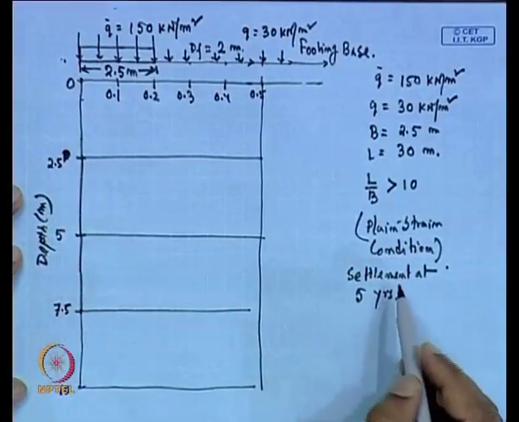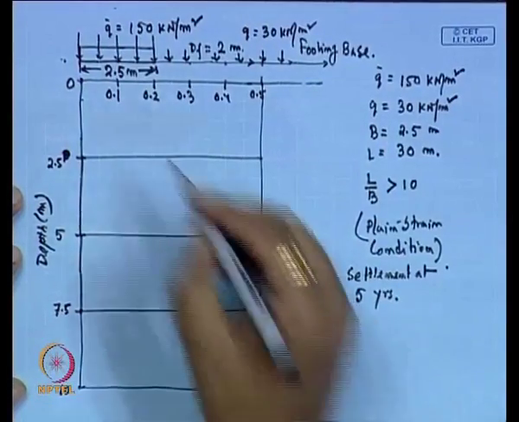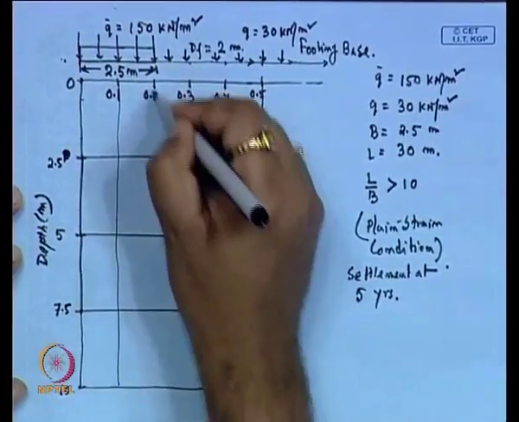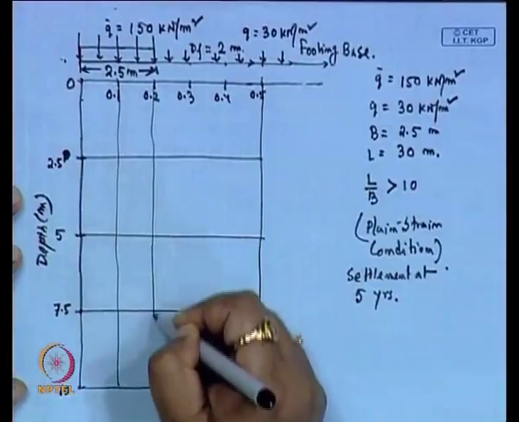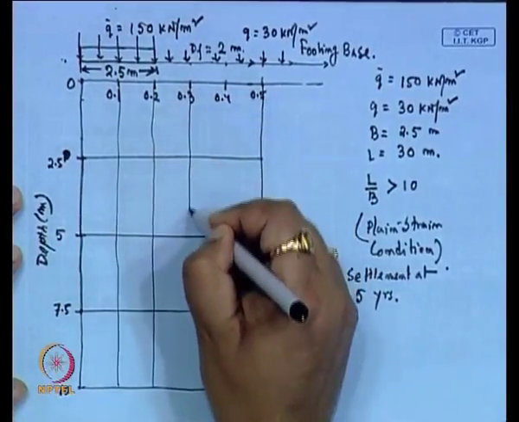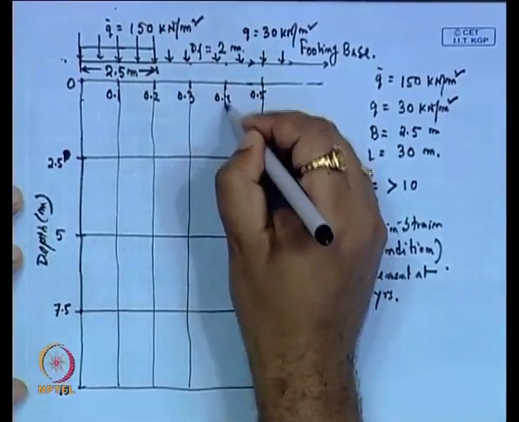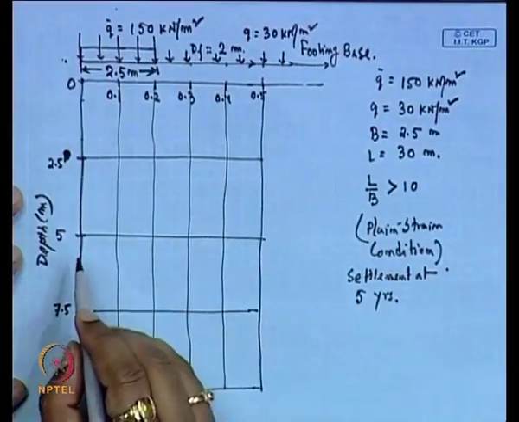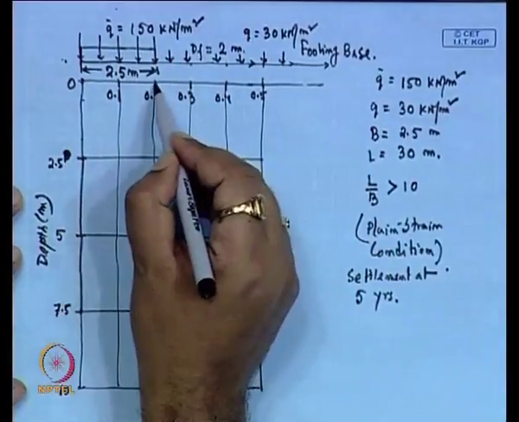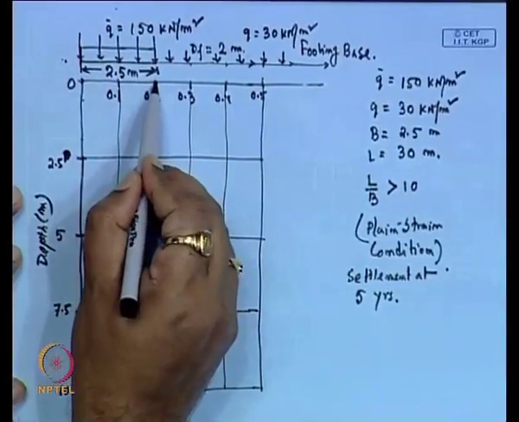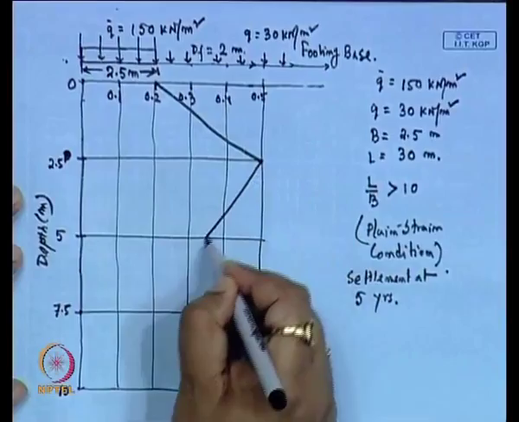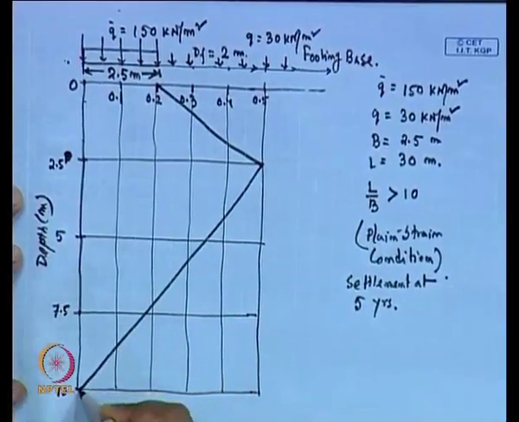Now, as this is plane strain condition, that means at this condition we have to go for B depth starting from point 2, then up to B, and then from here up to 4B.